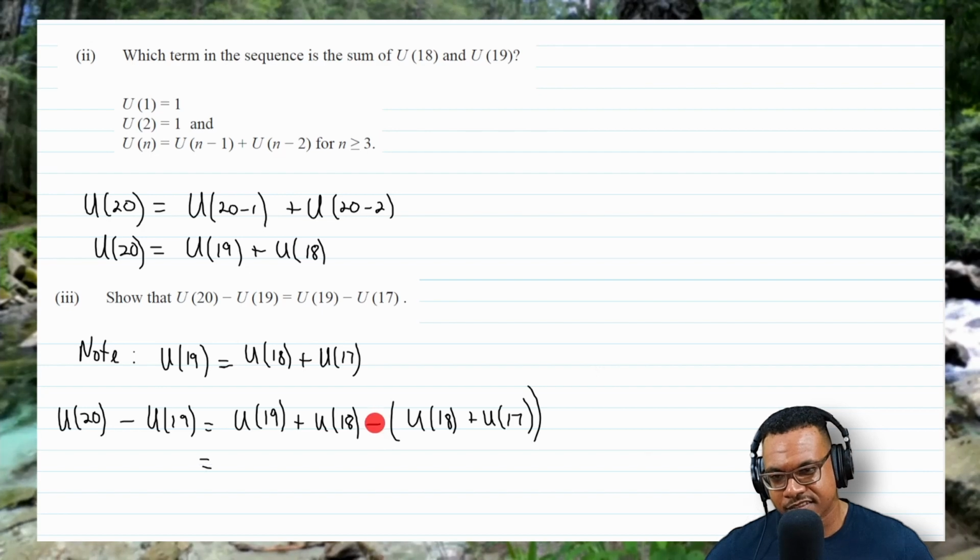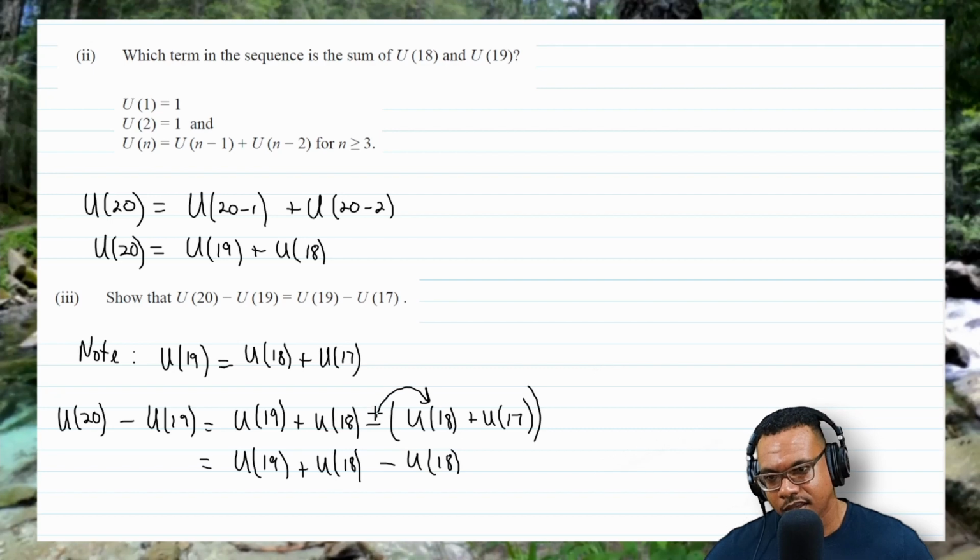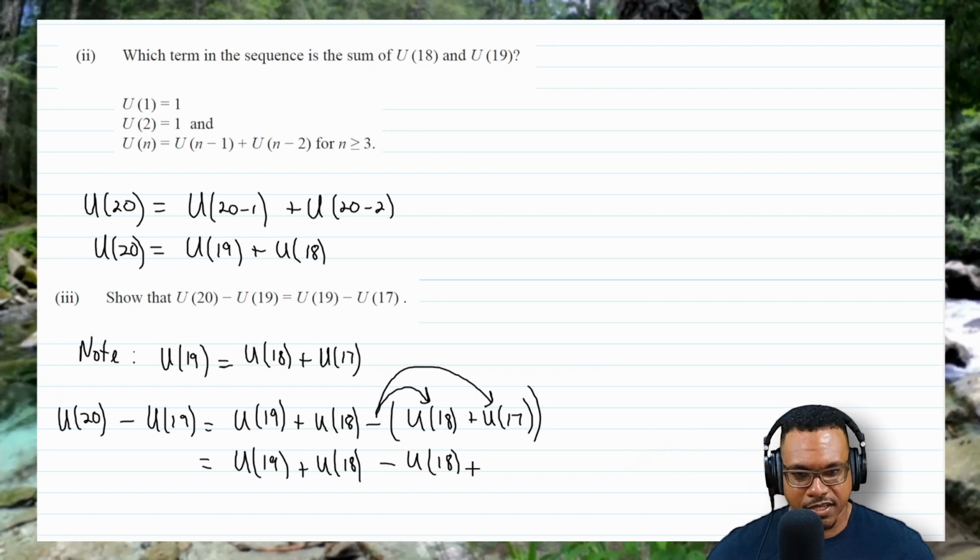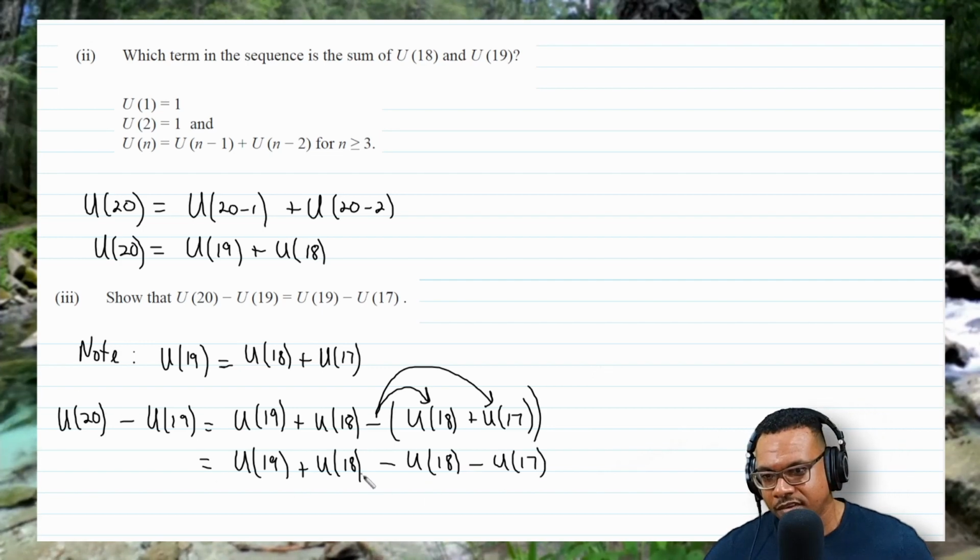So now if I multiply this negative sign by U18 and U17, I would get U19 plus U18, and we multiply the negative sign by that, and we get negative U18, and negative by positive U17, and we get negative U17. What we have here, positive U18 take away U18, so that'll just give you 0, and you remain with U19 take away U17.